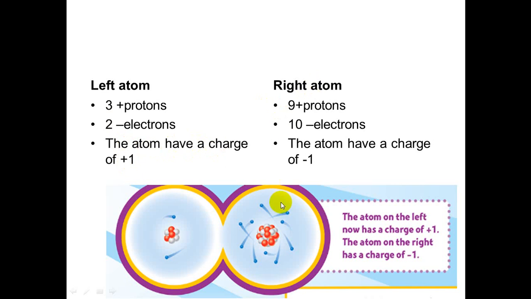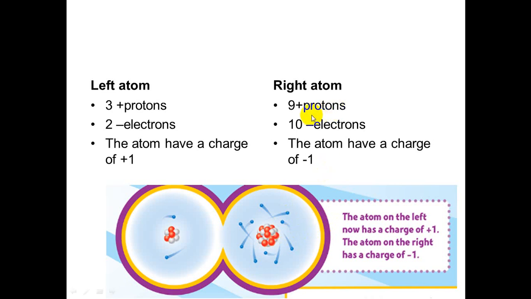But what happened to the right atom? The right atom has 9 protons, positive 9, but it gained 1 electron. It was 9 electrons, but now it has 10 electrons. So the atom has a charge of minus 1.